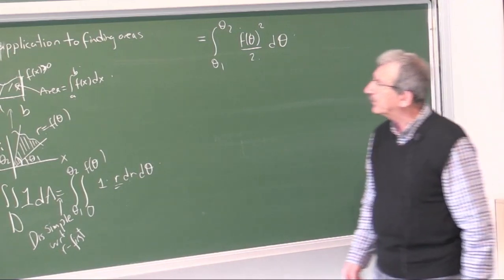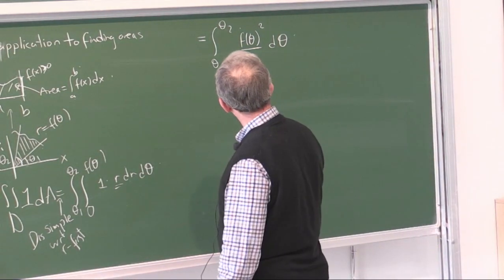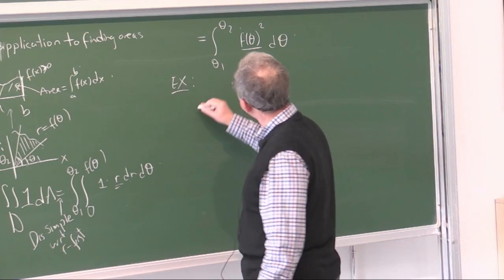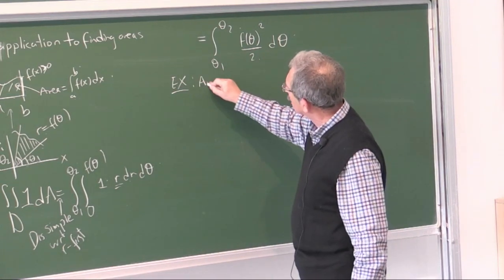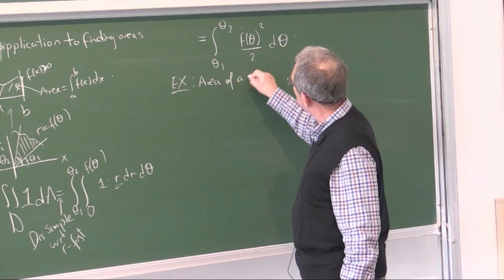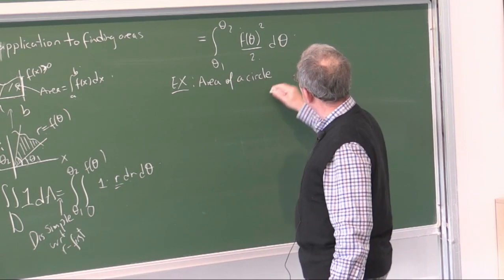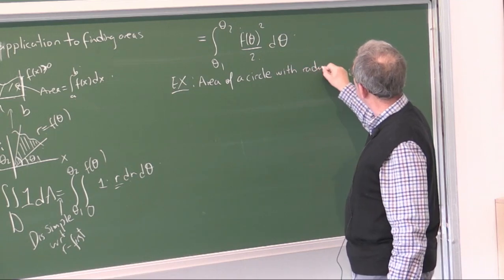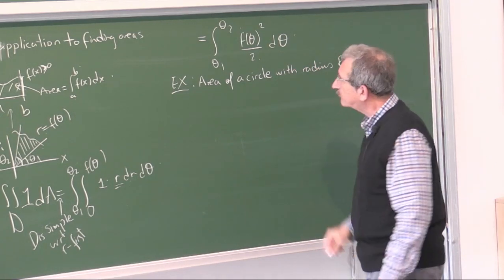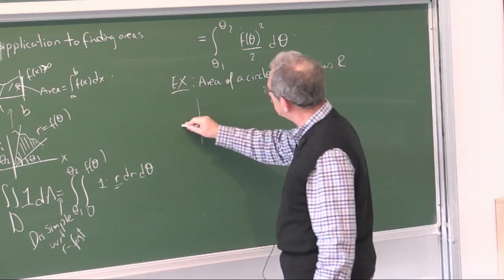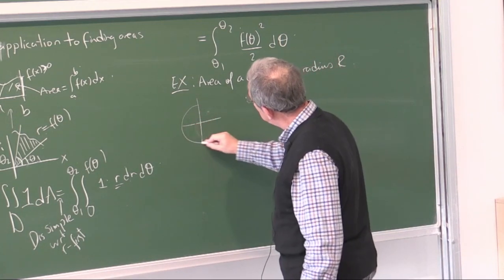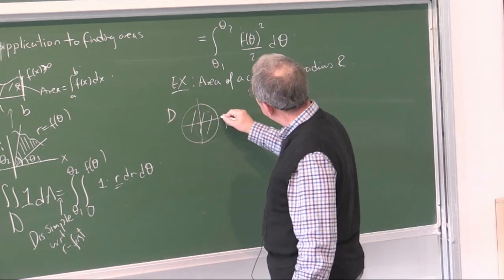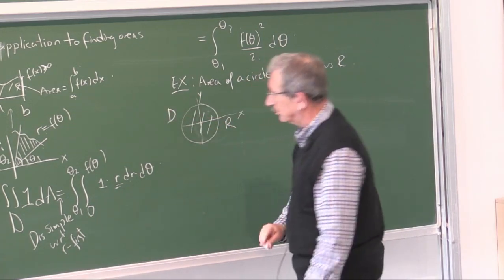Well, let us apply this to an example. The area of a circle with radius r. Now, this, of course, is my d in the xy system all the time.